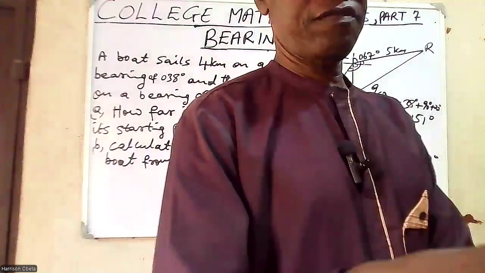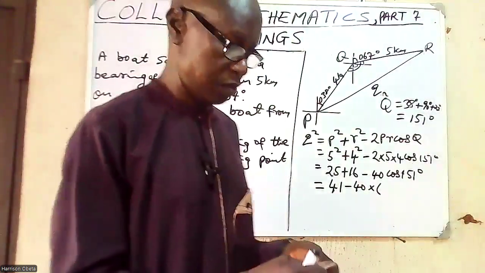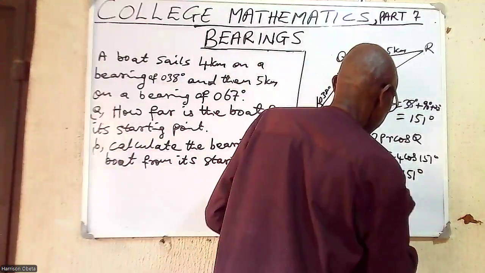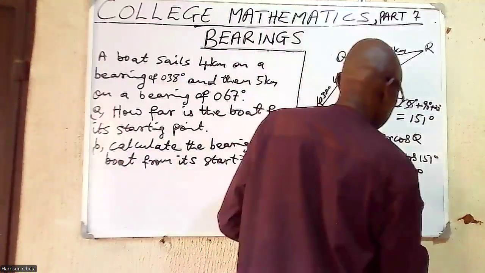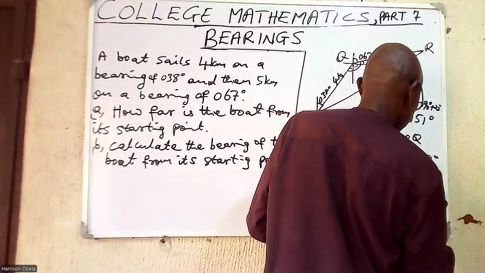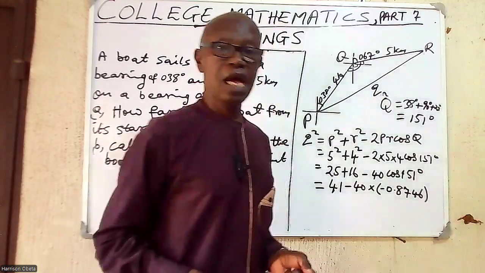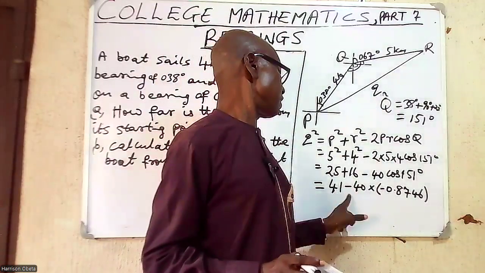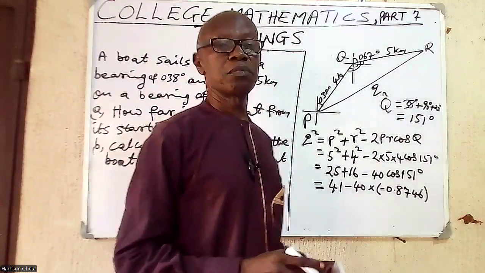If you check cos 151 from the formula table, you have minus 0.8746. Remember that minus times minus is plus.